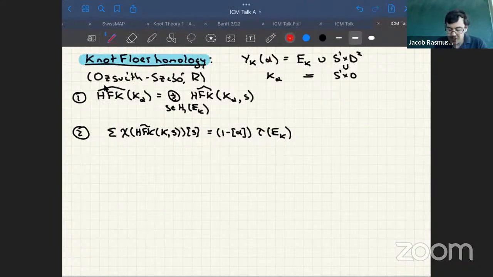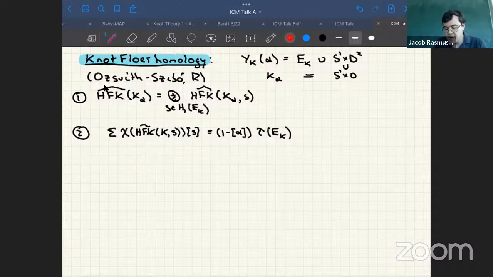So now I'd like to discuss for a minute or two another invariant that we can get out of this HF hat of M. Okay, and that's an invariant called knot Floer homology, which was defined quite a while ago now, independently by Ozsvath and Szabo and myself.